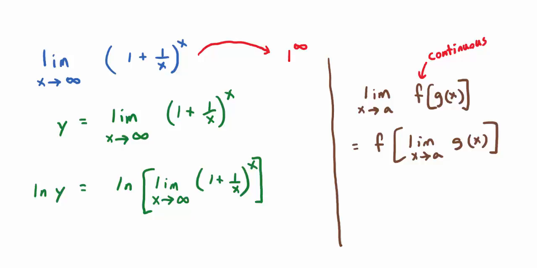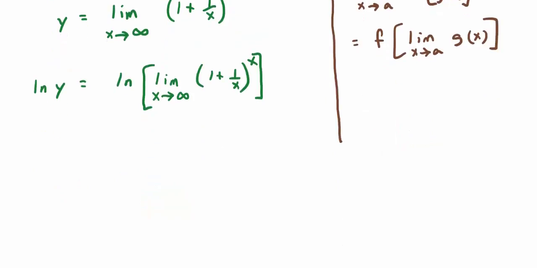But to move the limit in, we don't require that g be continuous. In fact, it may be an indeterminate form. So is the natural log function continuous on the domain we're interested in? Yeah, it is. So that's what allows us to bring the limit to the outside or the ln to the inside, however you want to think about it.